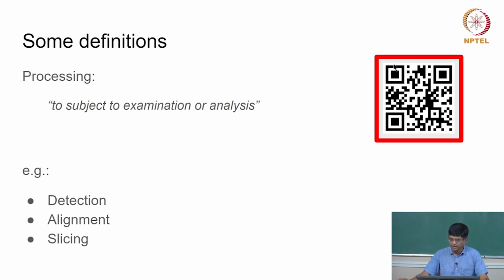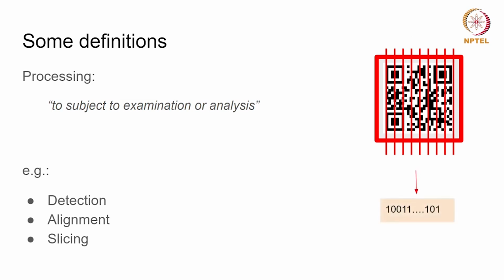You can see over here the three squares at the corners make the detection as well as the alignment job much easier. And after that comes the alignment, which means making sure that we have not rotated or sheared the image in any way, and then slicing, which basically says, okay, how do I take those black and white pixels and convert them to a string of ones and zeros. All of that broadly falls under what we mean when we are talking about processing a signal.